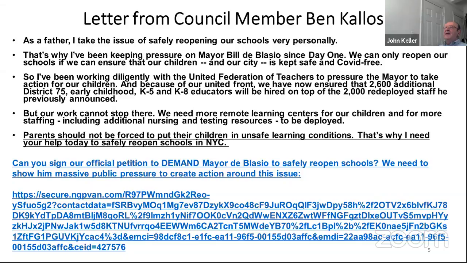Full disclosure, Ben is also running for Manhattan Borough President, so we're not endorsing or unendorsing that run by publishing this document. The important message is that the UFT's pressure on the mayor be reinforced, and that we get around to really safely reopening schools, which is what we'll be talking about. And I encourage you to support Councilmember Kallos's petition.